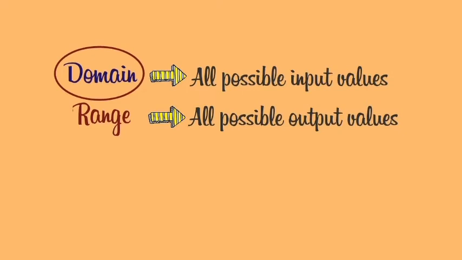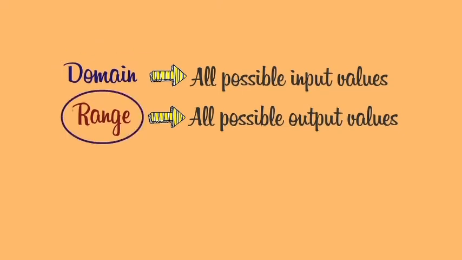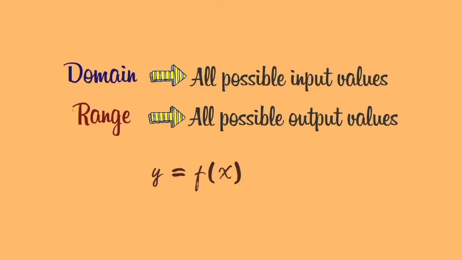The domain is the set of all values that go into the function, and the range is the values that come out. So, if we have a function like y equals f of x, the domain will be all possible values x can take, and the range will be all possible values for y.